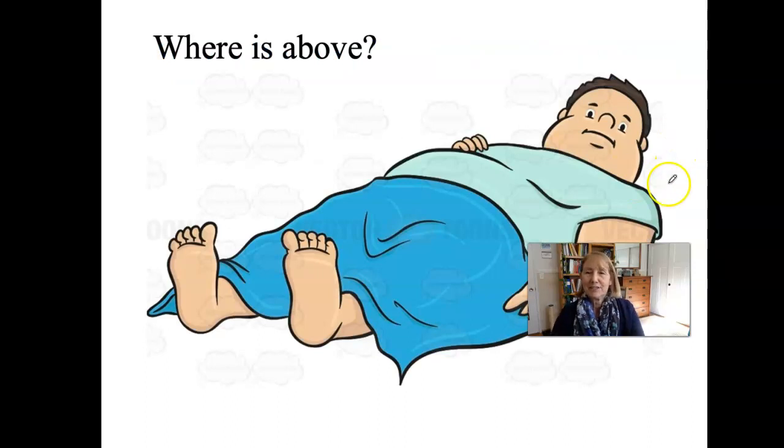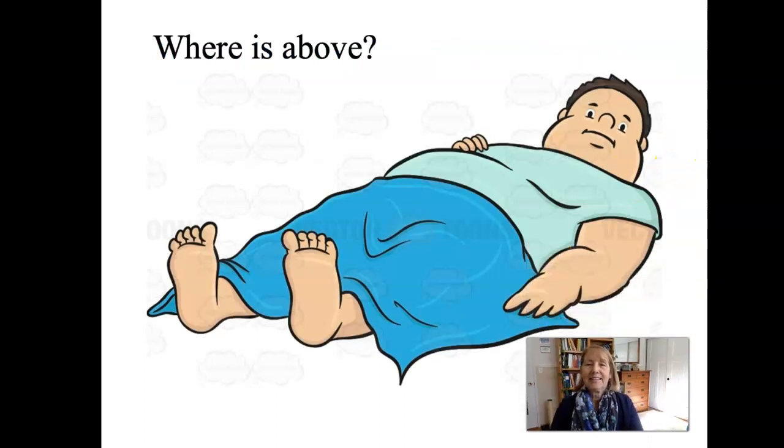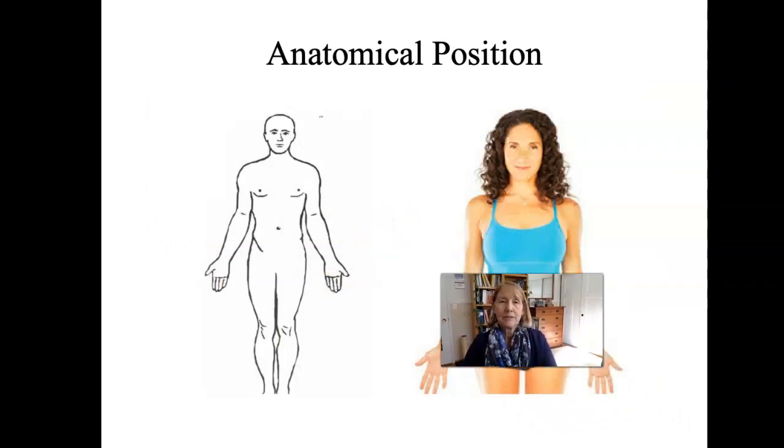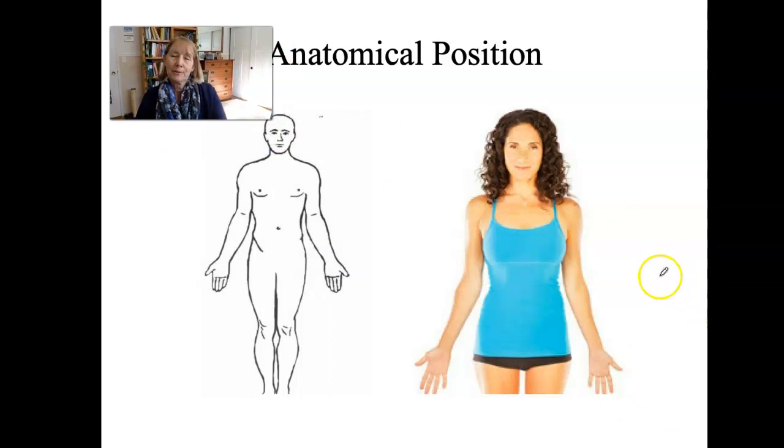This is again showing you someone who's lying down, and this section here would be above a lower section, whereas when you're standing up, above is up here and below is down here. So very, very confusing. So in order to do away with that confusion, somebody came across the concept of anatomical position.